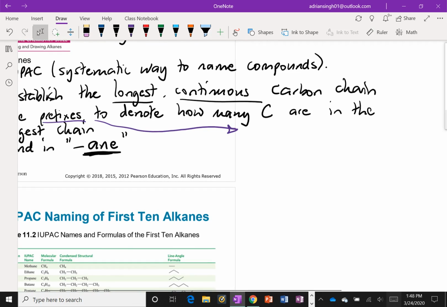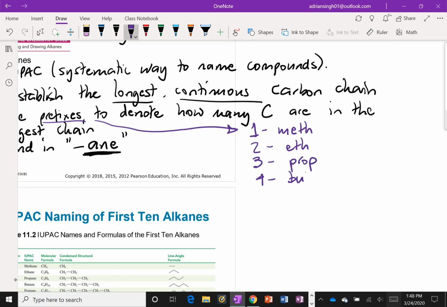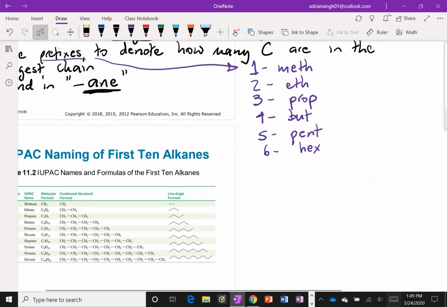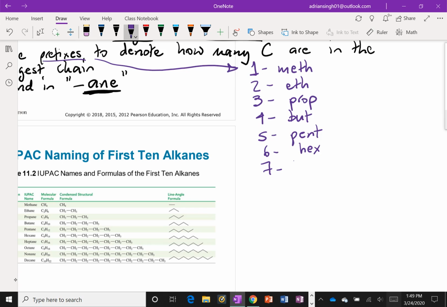So let's talk a little bit about some of the prefixes that we're going to see. So the prefix for 1 is meth. The prefix for 2 is eth. The prefix for 3 is prop. The prefix for 4 is but. The prefix for 5 is pent. For 6, it's hex. The prefix for 7 is hept. For 8, it's oct.